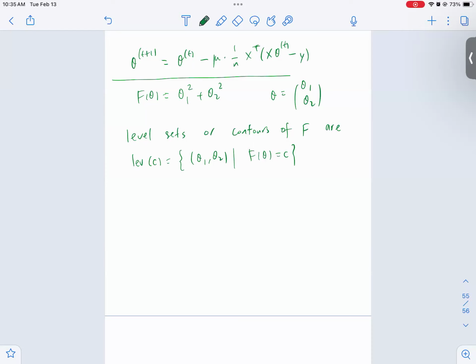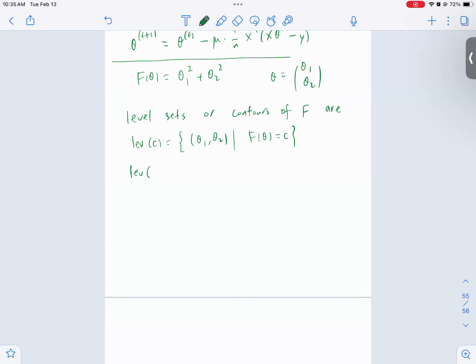So for example, level 4 is the set of all theta 1, theta 2 such that theta 1 squared plus theta 2 squared is equal to 4. It's the location of all points such that theta 1 squared plus theta 2 squared is equal to 4.